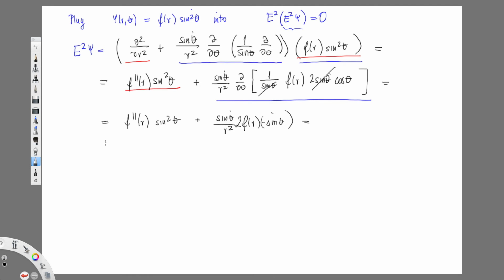So finally, I have sine square in both of these terms, times f double prime of r minus 2f of r over r squared.